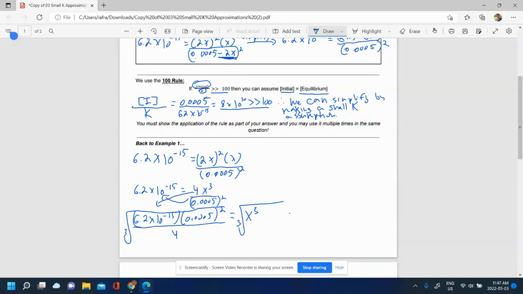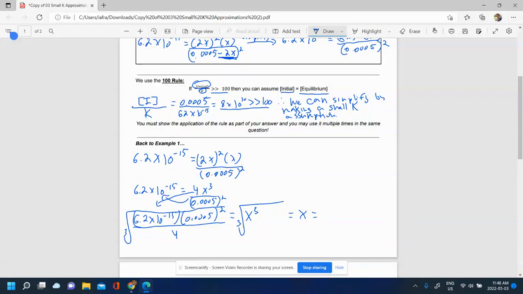So this should be equal to x, which is equal to, so we'll put that in our calculator, so 0.0005 squared times 6.2 times 10 to the power of negative 15 divided by 4. Then we'll do our cubed root in your calculator, and we get, oops, let me retry that one more time.